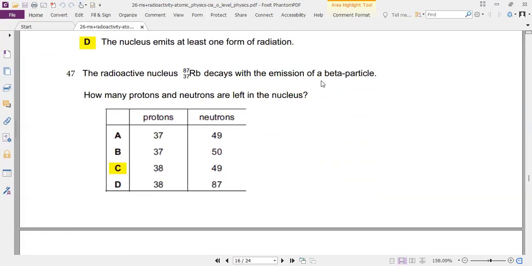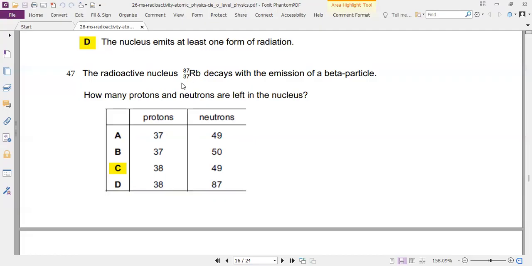Decays by emitting a beta particle. How many protons and neutrons? So after 37 with the beta particle, protons become 38. Reject A and B, and the neutrons should become 87 minus 38. The mass number is not affected in beta decay, so 87 minus 38 should give you 49.